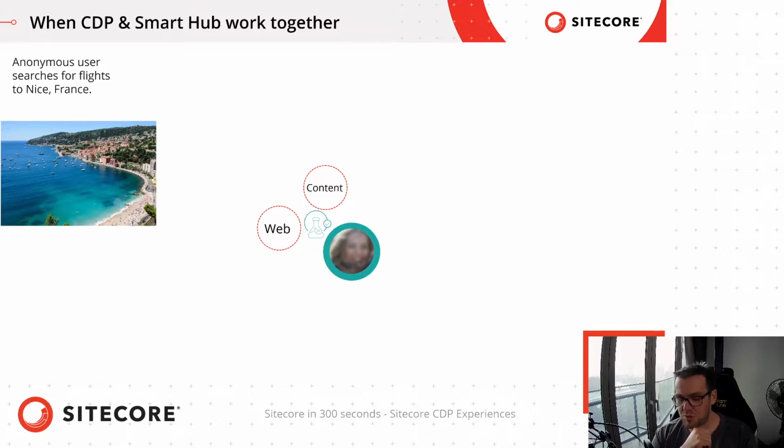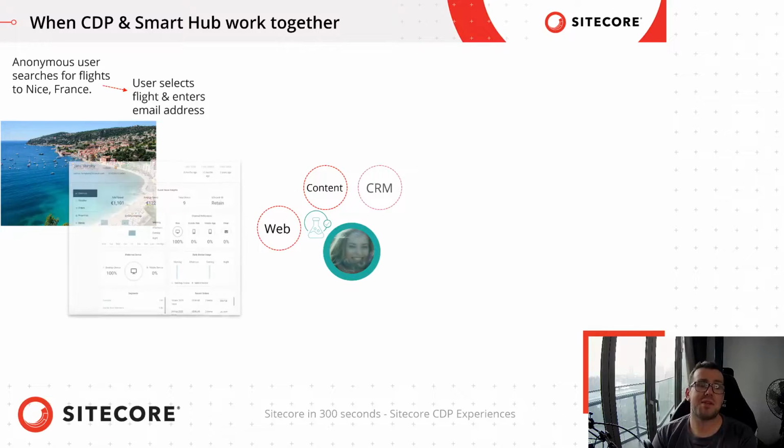To this user, and then this user selects an actual flight and enters an email address, right? So based on that, we can use this email address to connect it to the customer data profile, and that customer data profile is connected to our internal CRM system, and based on that, we know that this user is actually Jane Murphy.